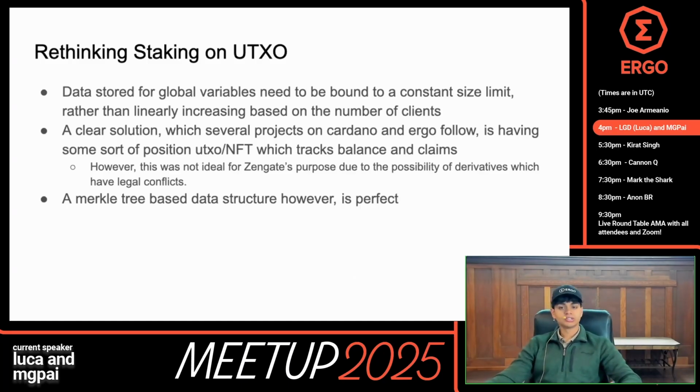However, this was not ideal for ZenGate's purpose because of legal conflicts. The problem is that you can have derivative markets of something like a position token, because I can take my position token and say, okay, I don't want to be in this anymore, but I don't want to lose that accumulation of rewards, right?